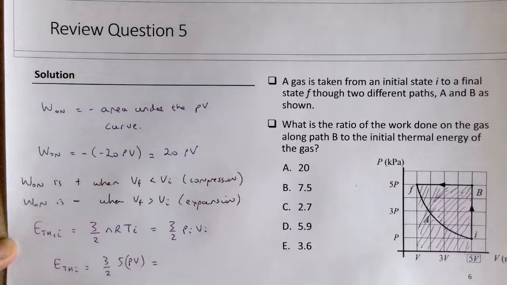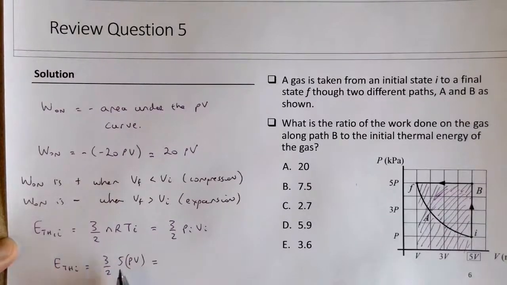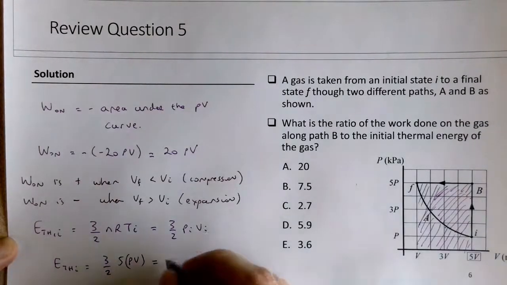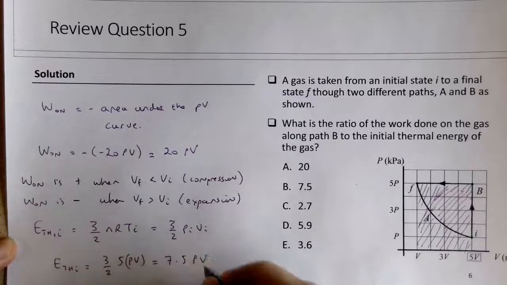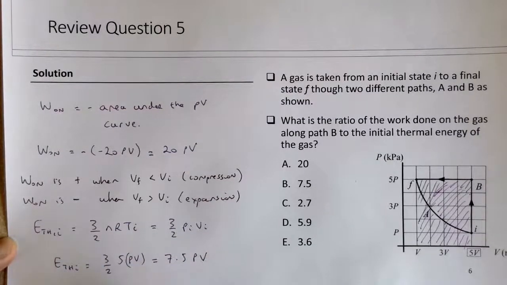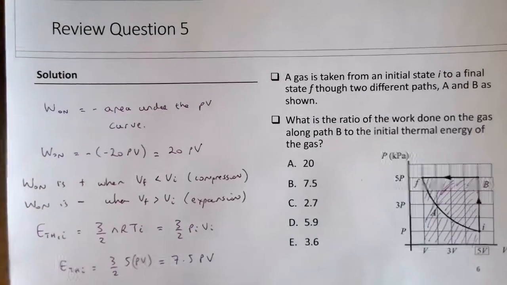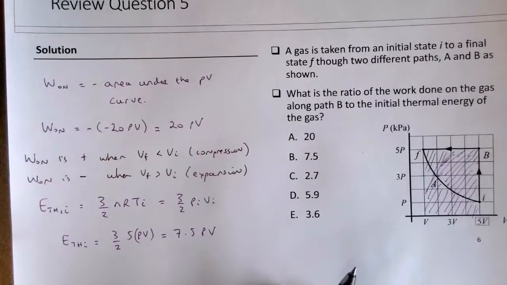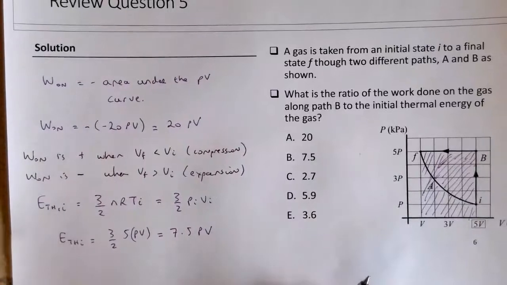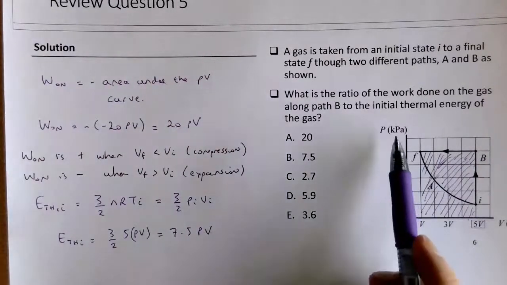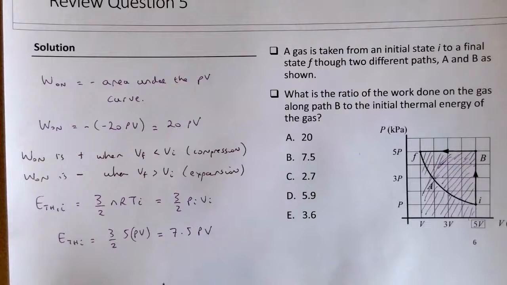In this particular case, 3 times 5 is 15, divided by 2 is 7.5 PVs. Both are energy terms, so the PV product by definition has to be energy, and the correct units are pascals times meters cubed, which gives you a joule.